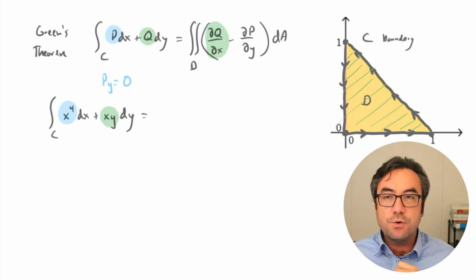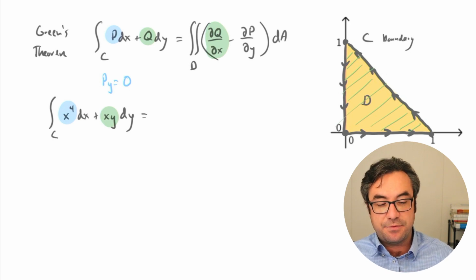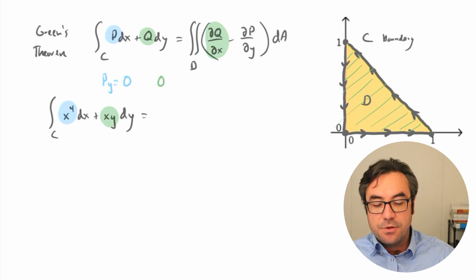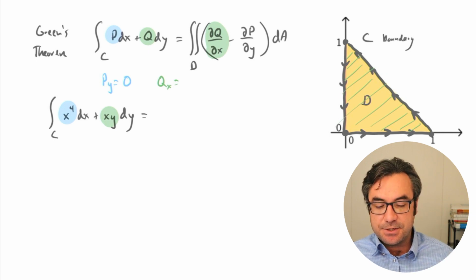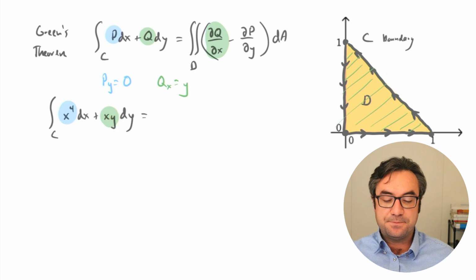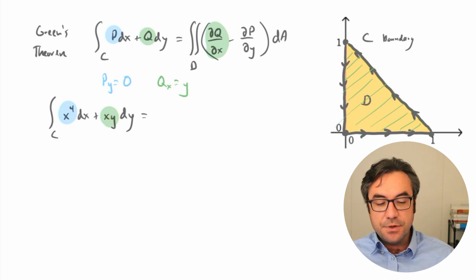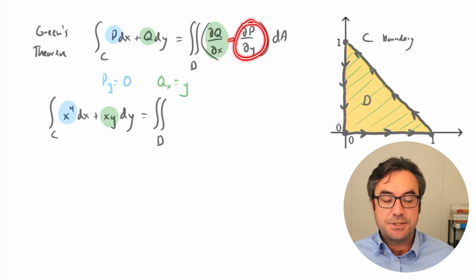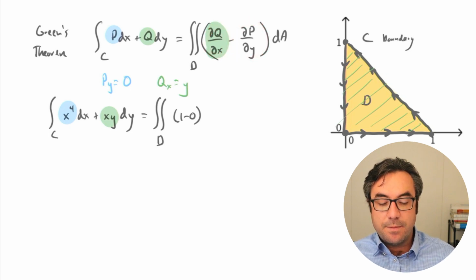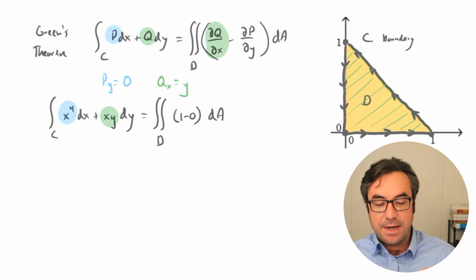And for our Q component, we want to know the x partial derivative. So the x partial derivative of our Q component here: the derivative of x is 1, and then we just have the y left. So this is going to be equal to the double integral over region D of Q partial x minus P partial y. So we end up with y minus 0.